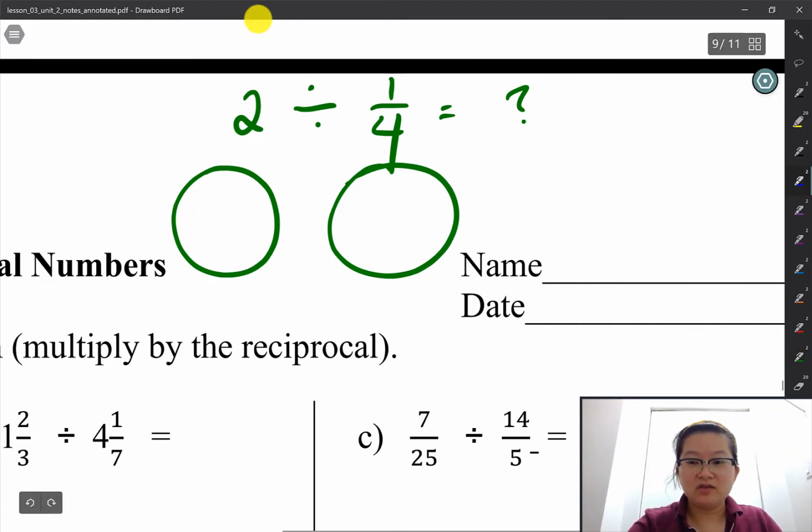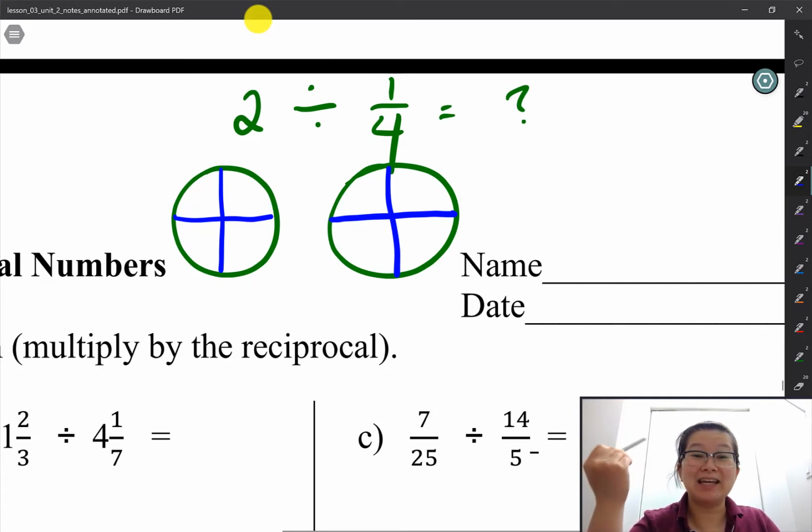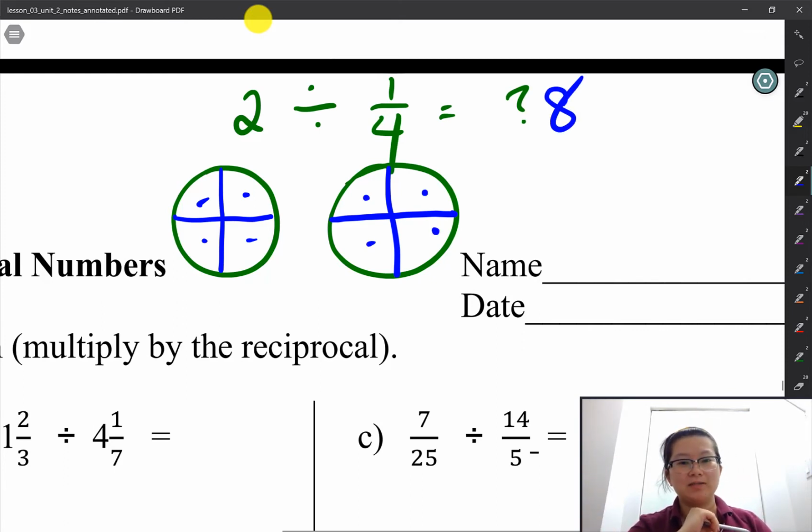If I do this one visually, that means I divide my pizzas into quarter sizes, just like that. After I divide my 2 pizzas into quarter sizes, I count how many total pieces I have. 1, 2, 3, 4, 5, 6, 7, 8. I have a total of 8 pieces. Lots of pieces. If I divide it into halves, I'm not going to have as many pieces, but each piece is really big.